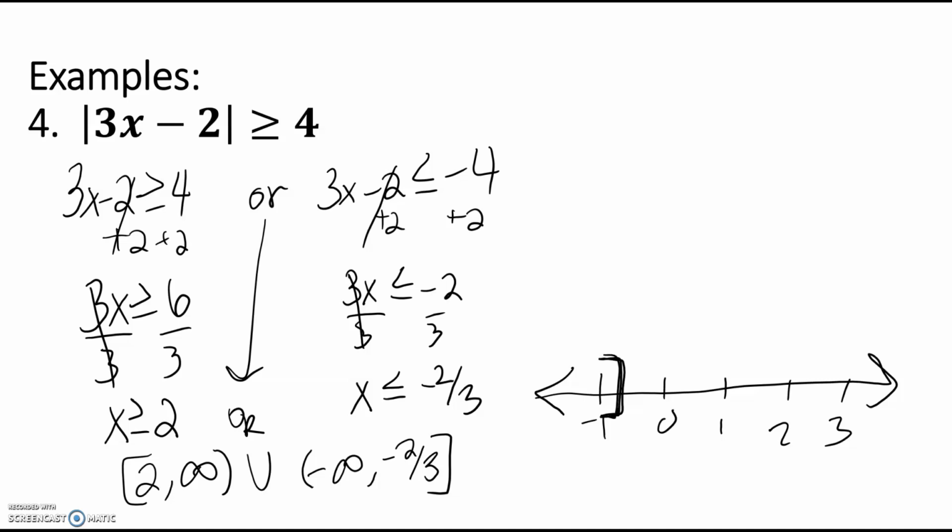The bracket faces the same way that it does when you write interval notation. Notice down here, the negative 2/3 is the same direction it's facing here, and our positive 2 up here gets that same bracket as our positive 2 at the bottom of the screen. Remember this is an or, so it would be where you would shade out with the old school graphing.